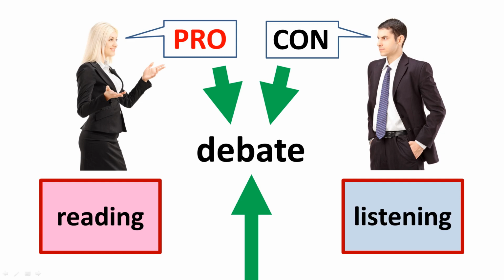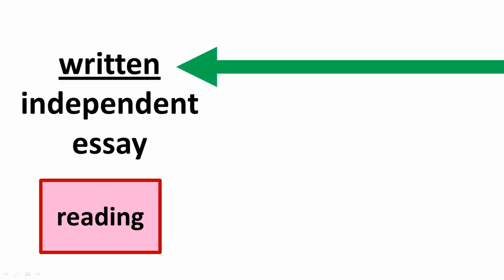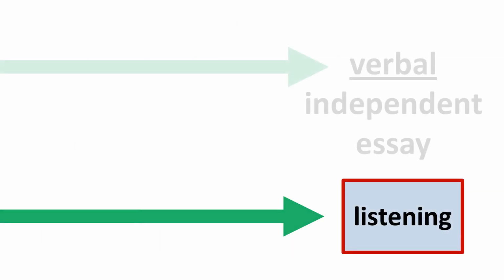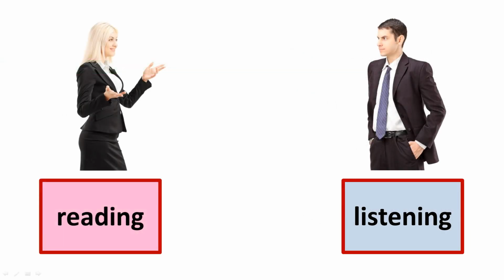Both arguments are in fact independent essays. The reading is a written independent essay, while the listening is a verbal independent essay. Both arguments have the same independent essay structure.